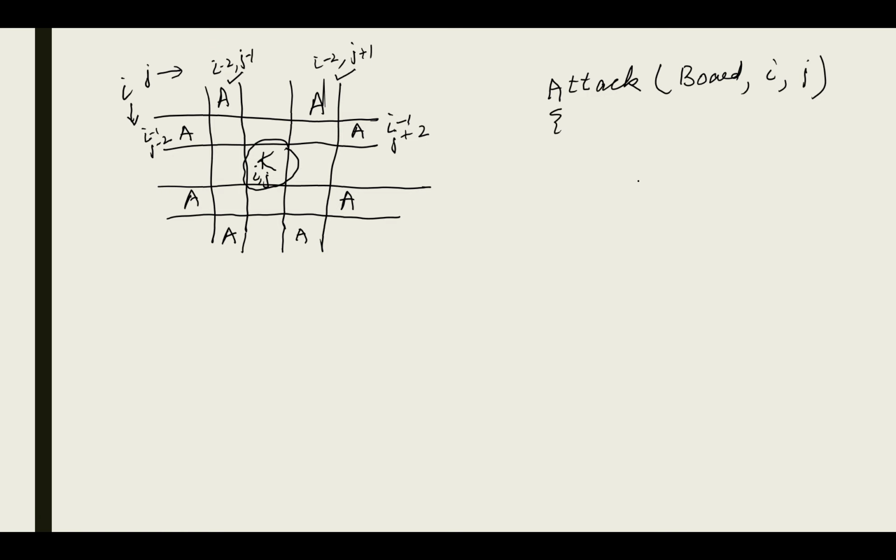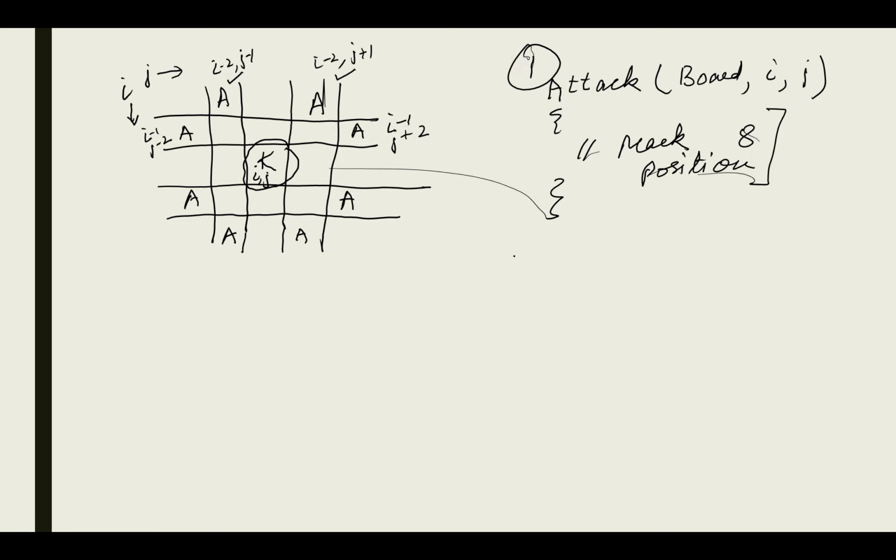This function will mark all the 8 positions where a knight can attack. But you have to make sure that those positions are on the board. It might be possible that the knight is at one side of the chessboard, so some of the positions may go outside the chessboard. You have to be careful not to mark those positions. You have to mark only those positions which are on the chessboard. So this is the first function that you have to make.